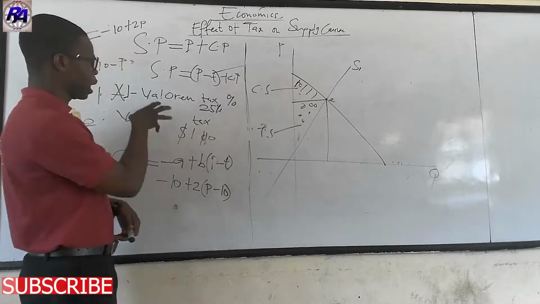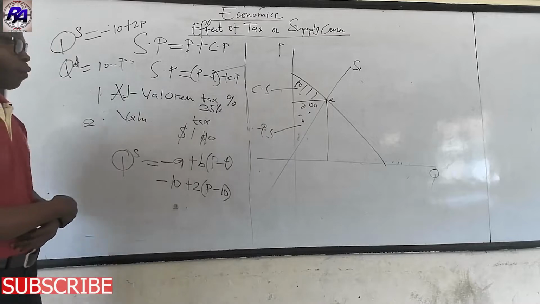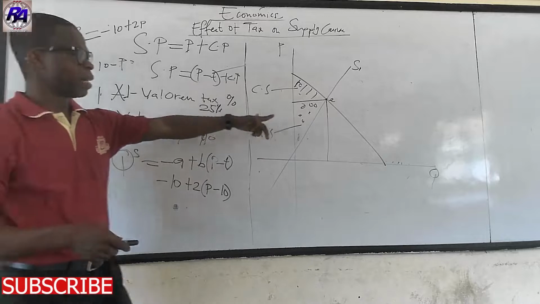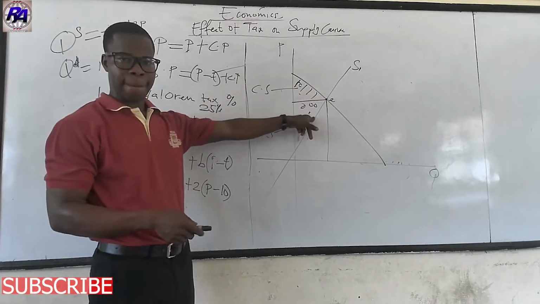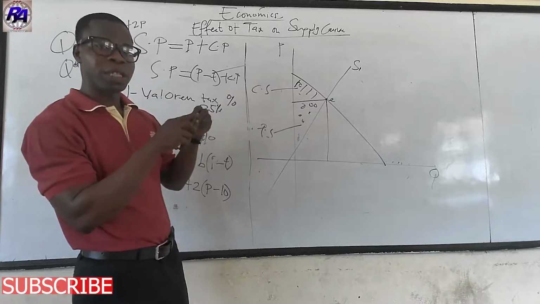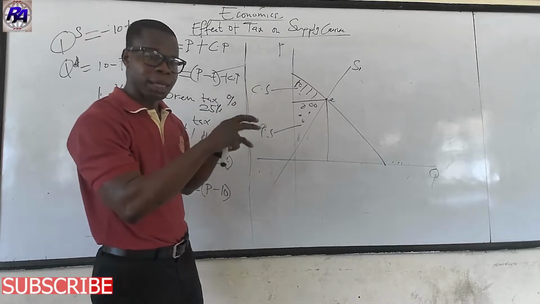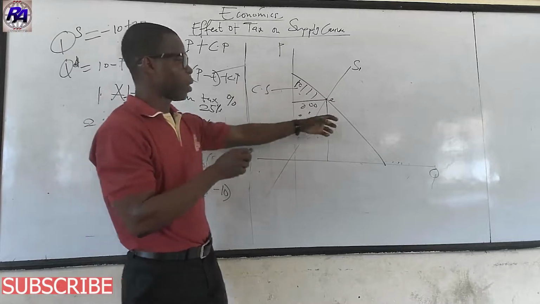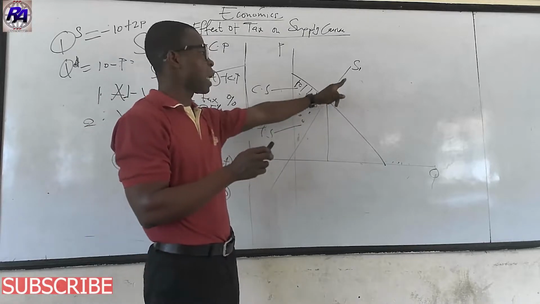Now, assuming there is an imposition of tax in this scenario, it will lead to a decrease in quantity supplied, because there is a tax coming which is going to decrease the quantity of supply. So anytime there is a change in quantity supplied, you will see a shift in our supply curve.